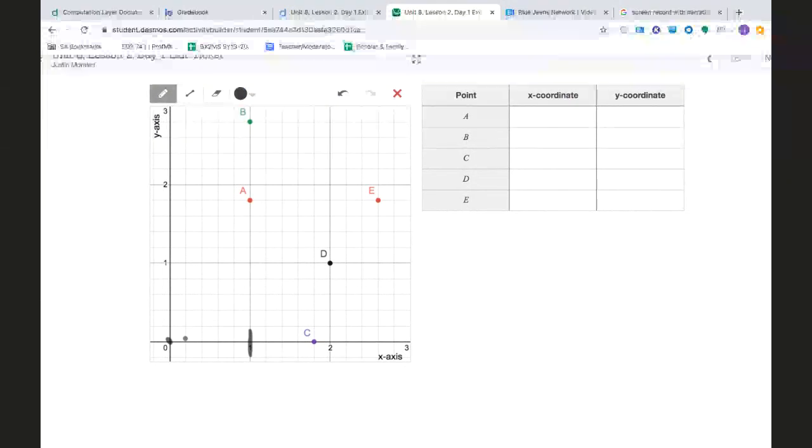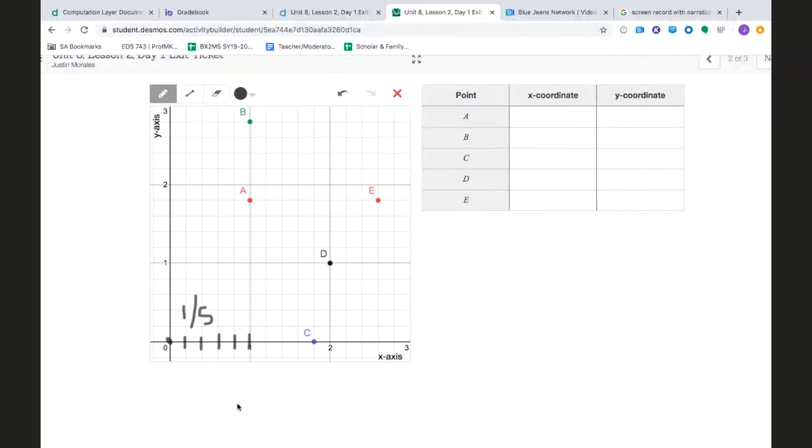But from here, I see 1, 2, 3, 4, 5 jumps. That lets me know from 0 to 1 that each tick mark is 1/5. Because we're going 1/5, 2/5, 3/5, 4/5, then finally 1.